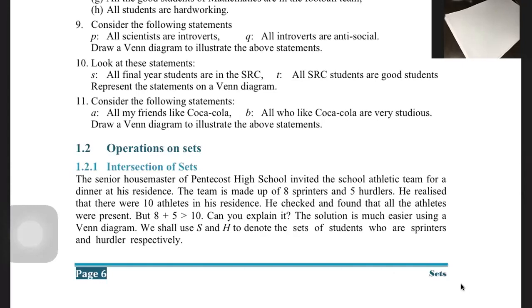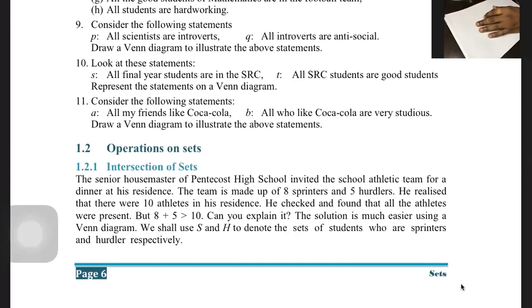When you add 8 and 5, you have 13. But the team is made up of 10 people. So it means that there are some people in the team who are sprinters and also hurdlers. When you are counting sprinters, they are present. When you are counting hurdlers, they are present.